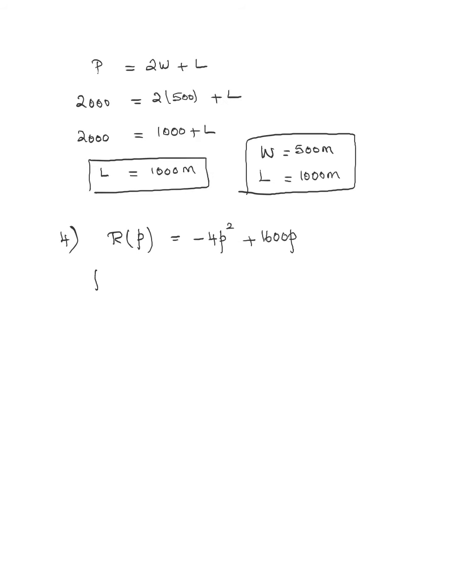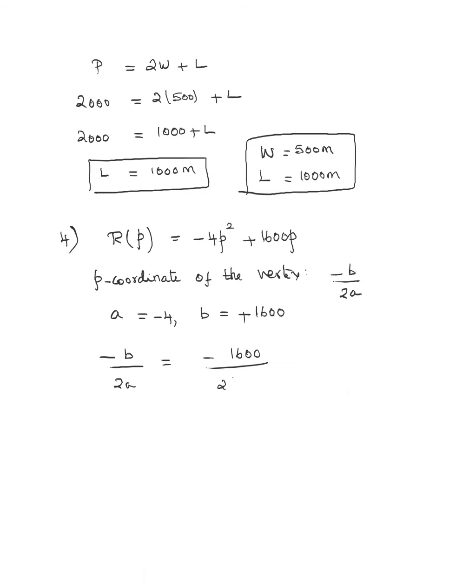So the p coordinate of this vertex: we use whatever letter is given in the original problem, negative b over 2a. So here a is negative 1, b is positive 1600. So negative b over 2a is negative 1600 over 2 times negative 1, which is 1600 over 2, which is 800.